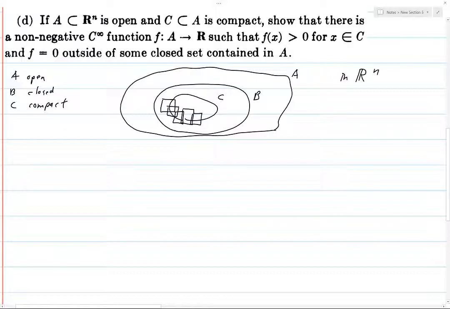We're going to cover this whole thing with squares, and then take functions g from part C of this problem, define a function on each of these squares, and then add all of these functions together, and we'll get a function which is strictly positive on the union of these squares.